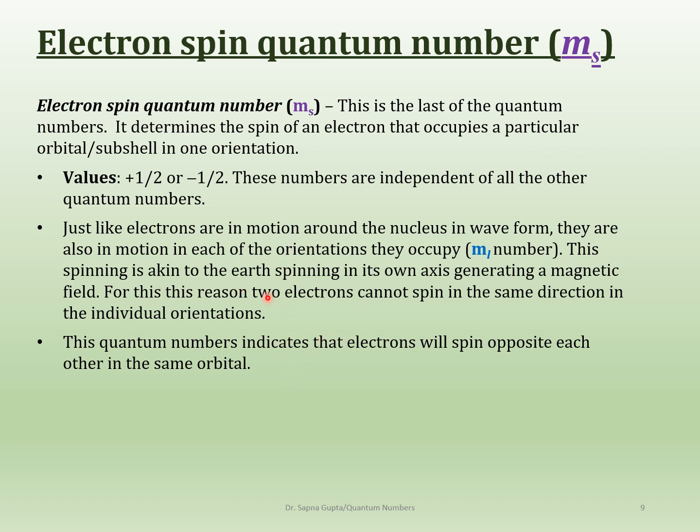So what we are saying is that the electrons can spin in one direction only. Which means that if you have 2 electrons in one orientation, which is what we said we have. So for example, in S, we said that there are 2 electrons. S is supposed to be spherical. And let's say an electron can be written like this as an arrow.